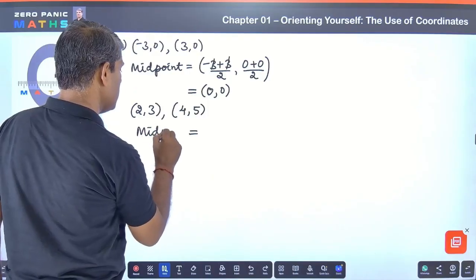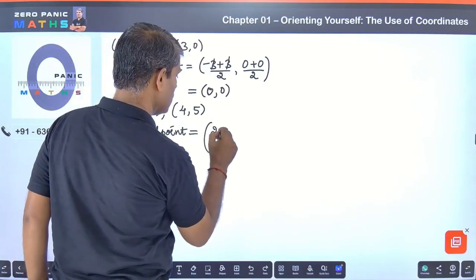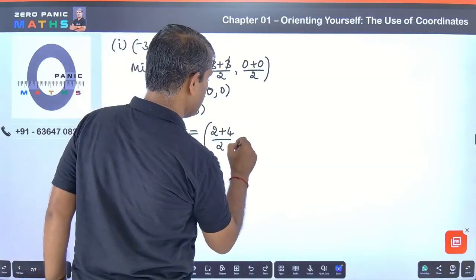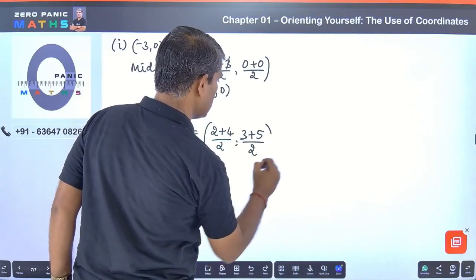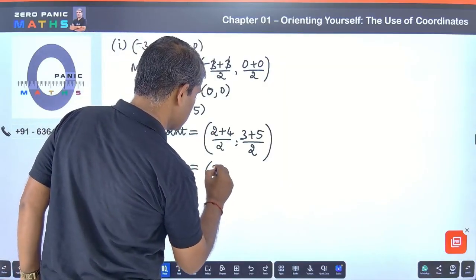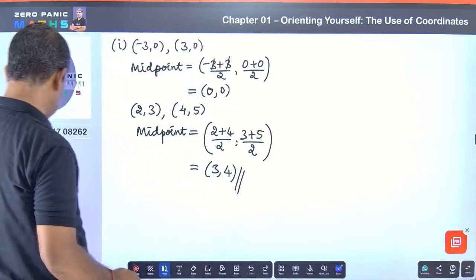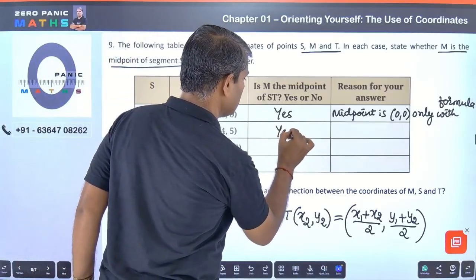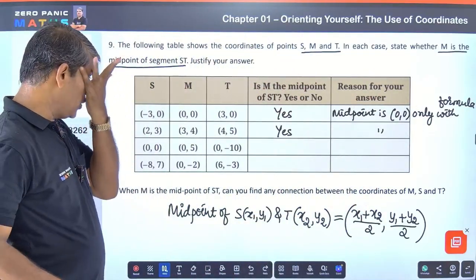Midpoint is equal to 2 plus 4 divided by 2, comma 3 plus 5 divided by 2. 2 plus 4 is 6 by 2, which is 3, and 3 plus 5 is 8 by 2, which is 4. So is it 3 4? The midpoint given is 3 4. Yes, so it is also yes, and the reason is the same: with the midpoint formula we are going to get this only.